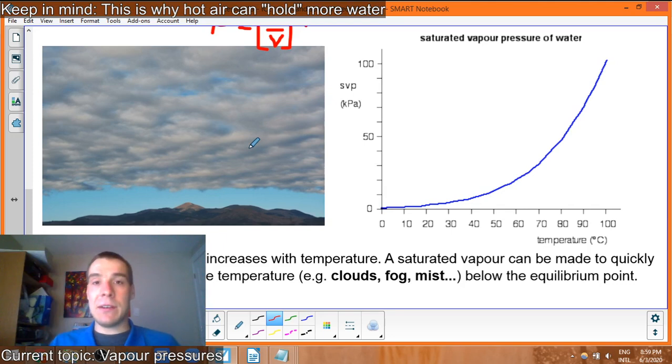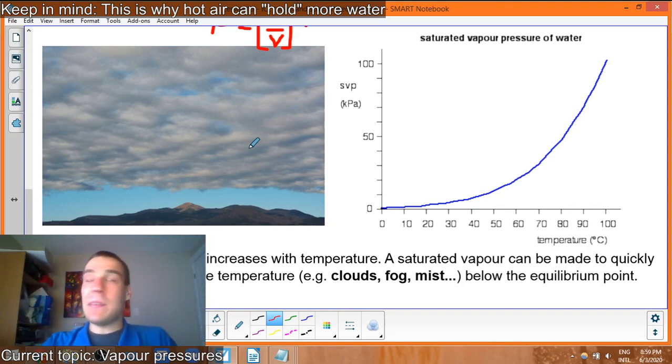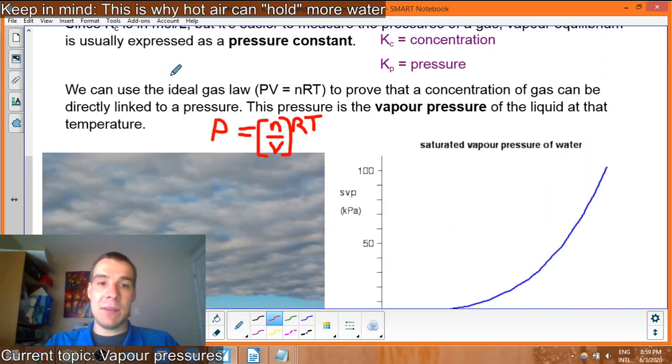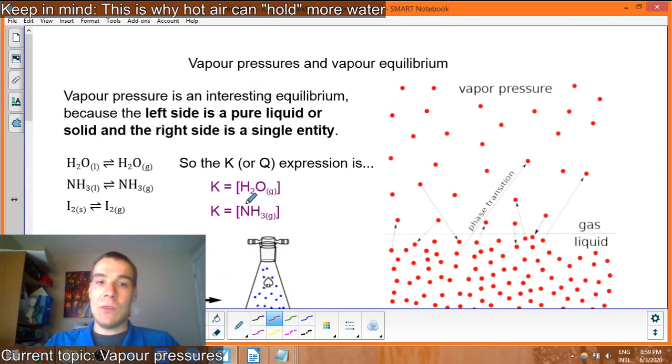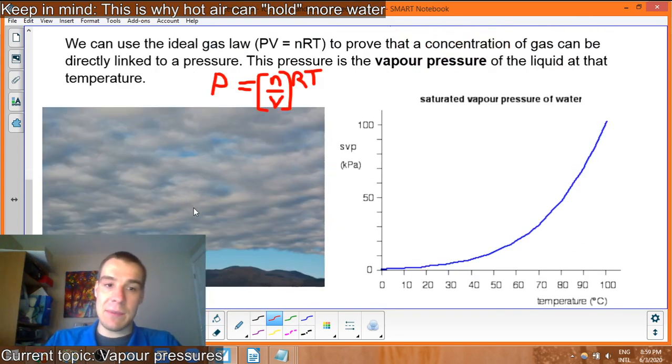If you ever looked out on a cloudy day, the bottoms of the clouds are all at one single altitude. That's because that's where the temperature drops below the dew point. That's where the temperature drops below the saturation vapor pressure of the water. And now the equilibrium will push the water out of gas phase and into the liquid phase, where it makes tiny droplets and scatters the light, and that's what happens in a cloud.